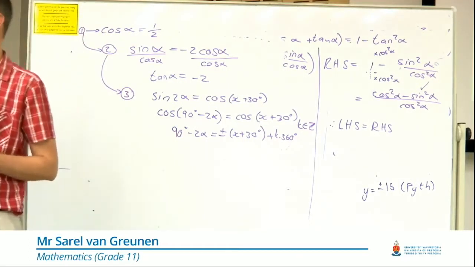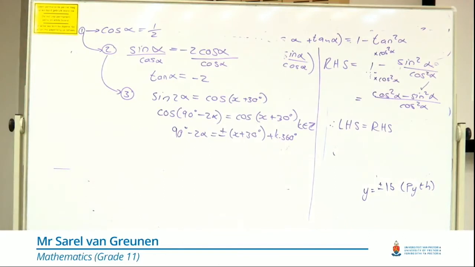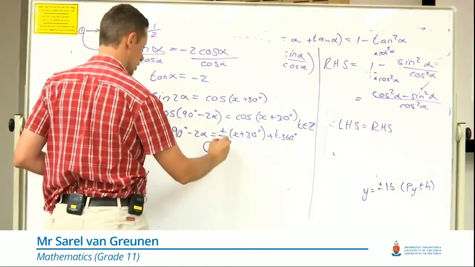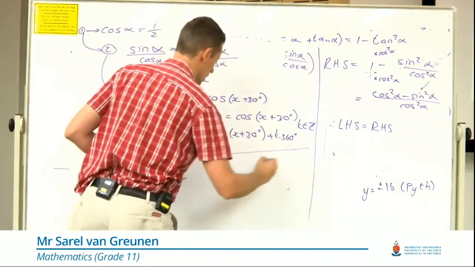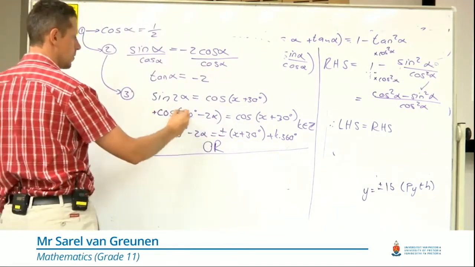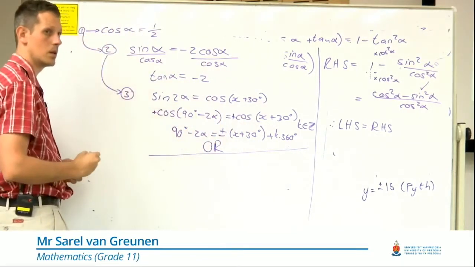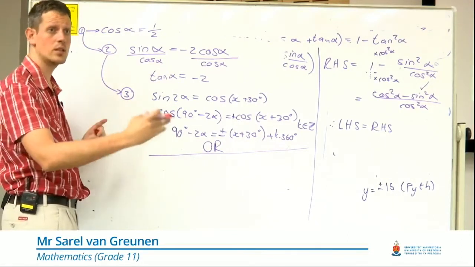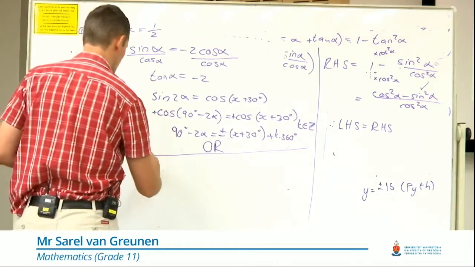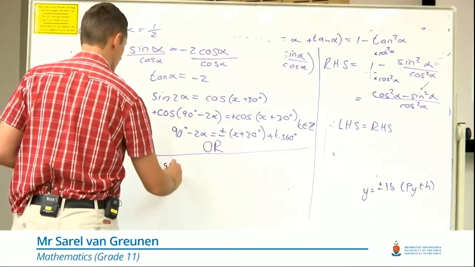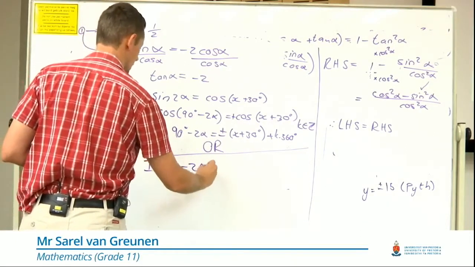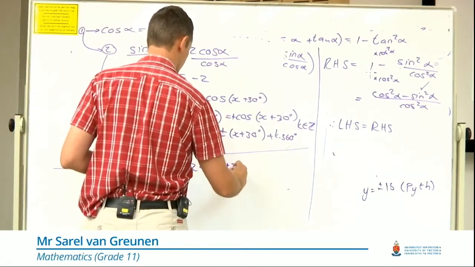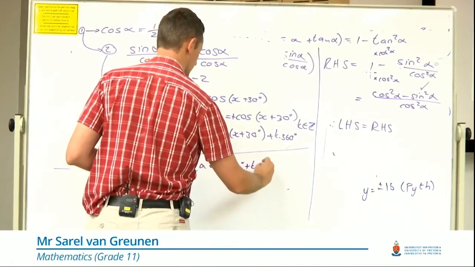If you did reference angles, this sum you would have to split up. So I'm going to say a big R. You're going to have to say both of them are positive. In which quadrants? 1 and 4. So in quadrant 1, I'm going to have 90 minus 2 alpha equal just x plus 30 plus k times 360.